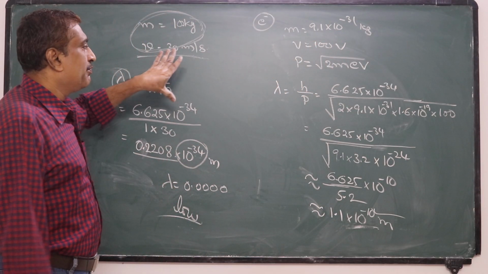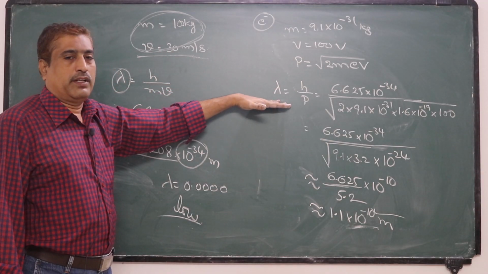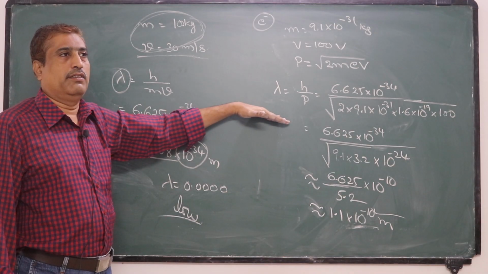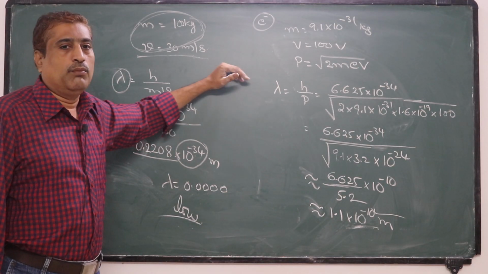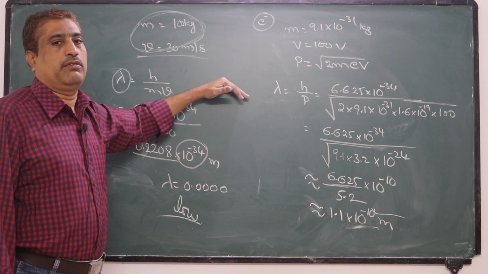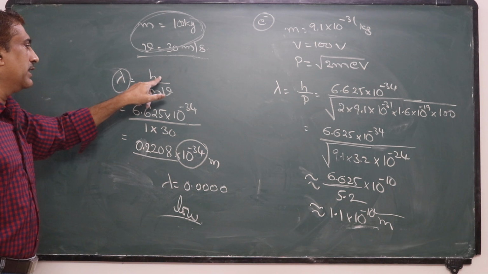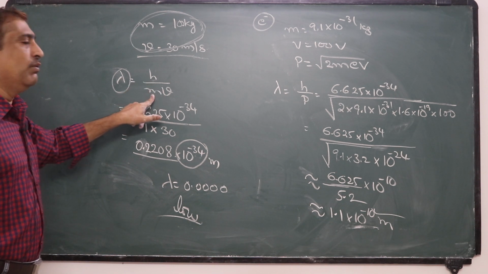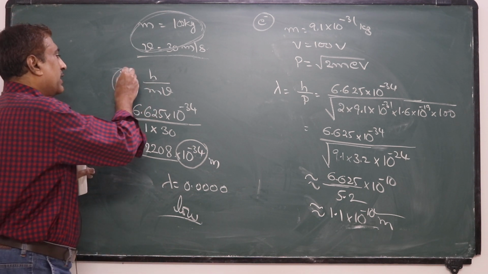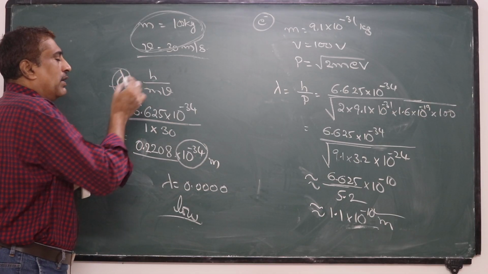This is about matter waves. Matter waves are the waves associated with moving objects, and the wavelength of those matter waves is h by momentum, that means the ratio of Planck's constant to momentum. This wavelength depends on the mass of the body.